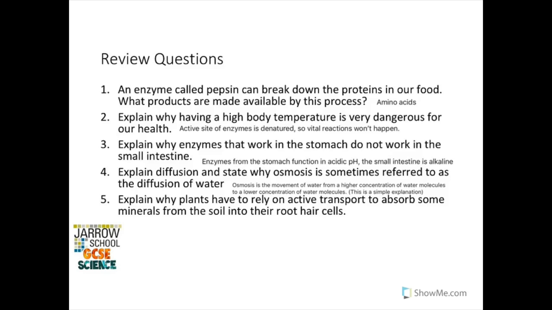So the plant uses active transport, which is using energy to transport the minerals from the soil from a low concentration into a high concentration in the cells. So it's basically just so the plant can absorb as many minerals from the soil as possible.